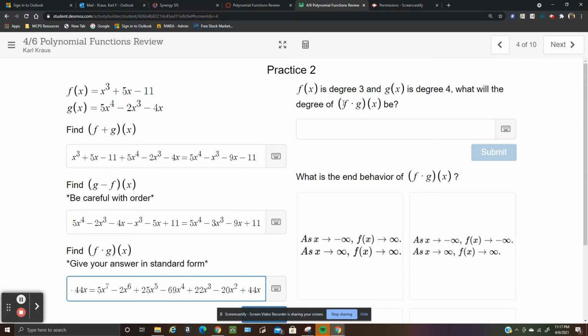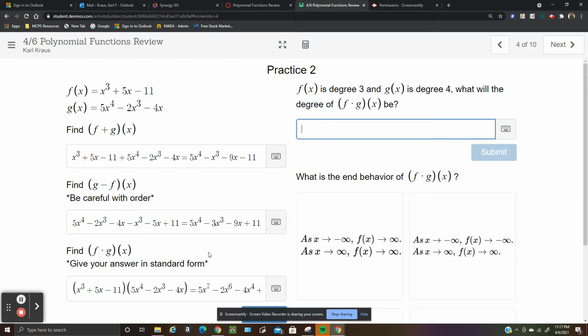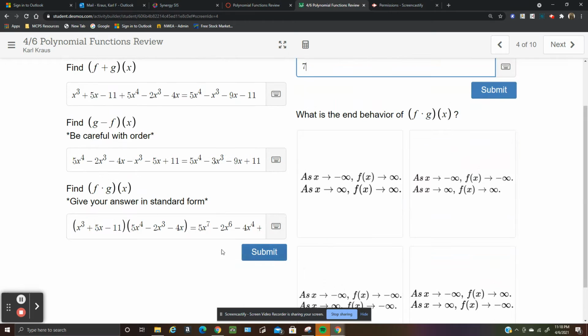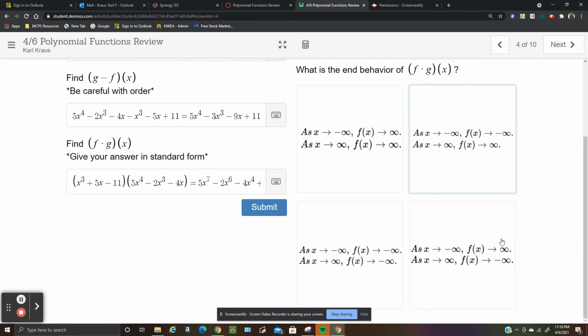So if I multiply these together, you see that I get something, this degree 7, that's the highest power of x. And what's the end behavior? Well, this is positive and odd. Positive and odd means that the left goes down and the right goes up. It's this one here.